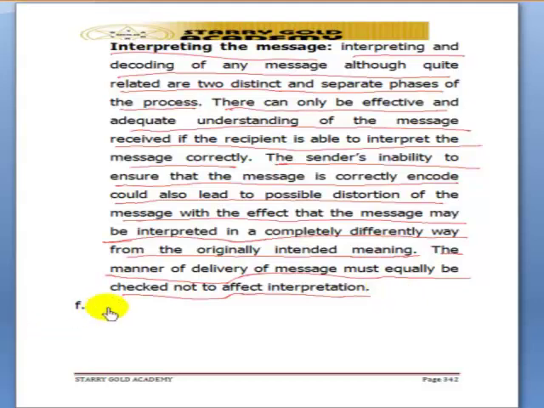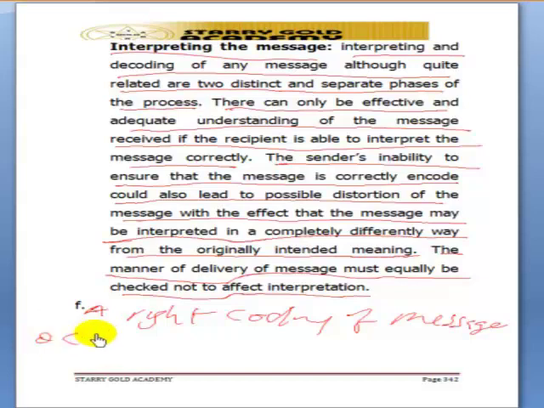So the right coding of a message occasions a right interpretation.